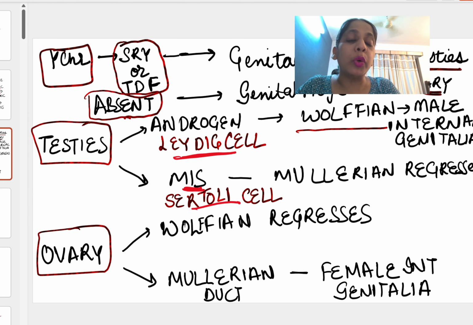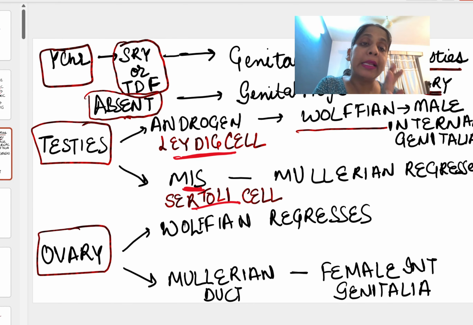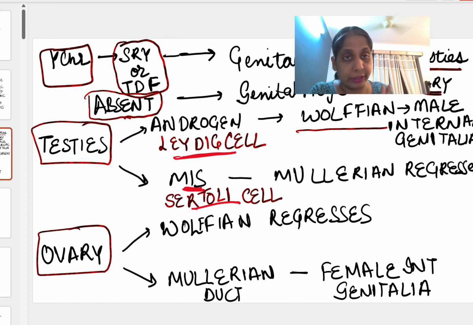So the whole crux of the story is that the Y chromosome and its derivatives change that undifferentiated form which we studied: genital ridge, Wolffian duct, and the Mullerian duct. The Y chromosome and its derivatives change these three things into the male reproductive system.